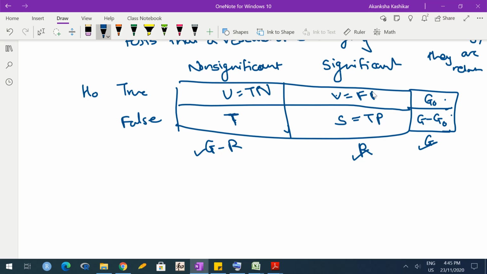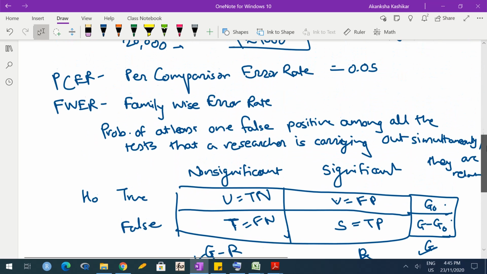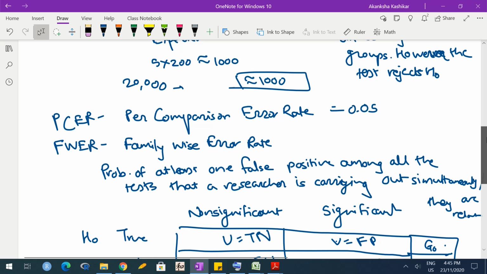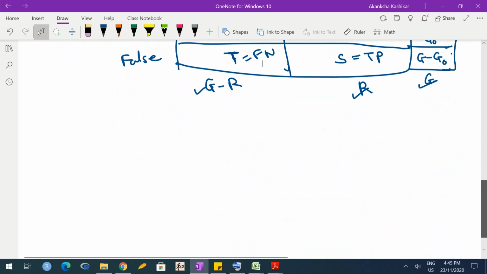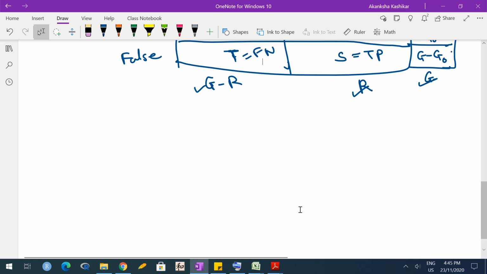So it is a false positive, and this becomes a false negative. Now what does family-wise error rate say? Family-wise error rate says we have to see, among all the G tests, what is the probability of getting at least one false positive. So let me try to first compute that and then we'll try to relate it to these numbers.